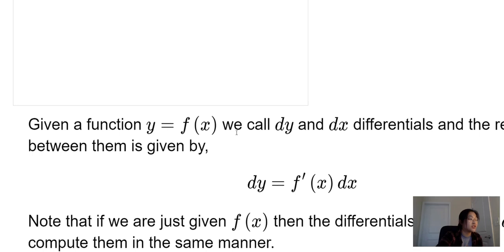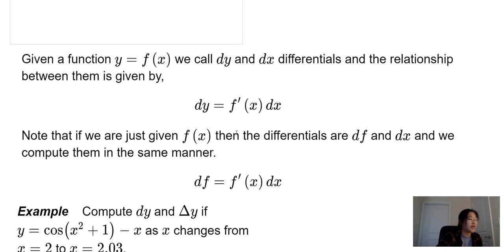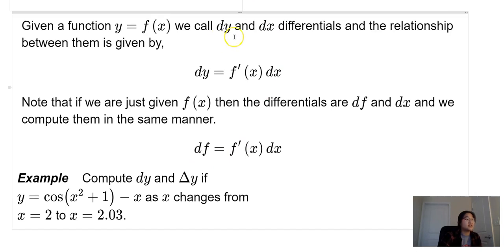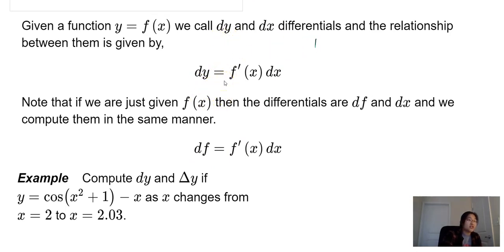Cool. So, let's get a little bit of vocabulary happening. Given a function, you have differentials dy and dx. These are differentials. And their relationship is a rearrangement of dy/dx equals f prime of x.